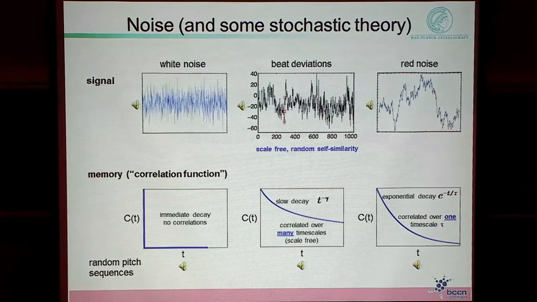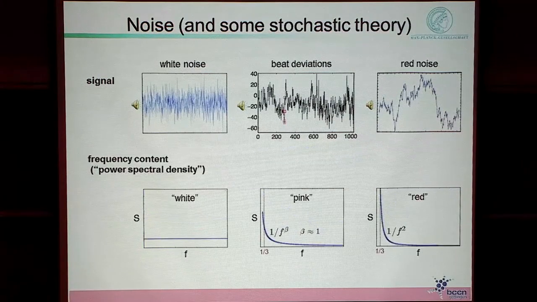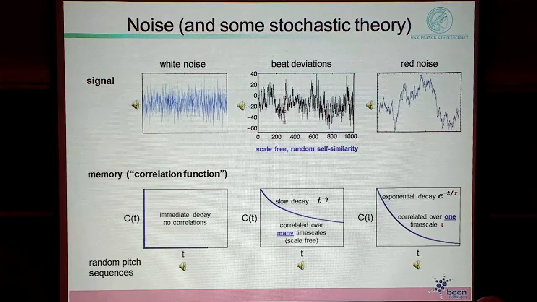Another way: if you define it like this, you find that the power spectral density, all frequencies are equally contributing. If you analyze the frequencies contained in such a signal, then all frequencies are equally strong. But this follows from such a definition, if you want.